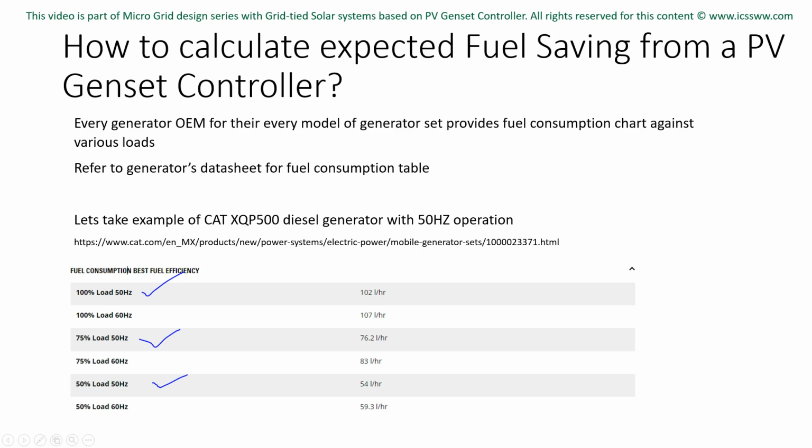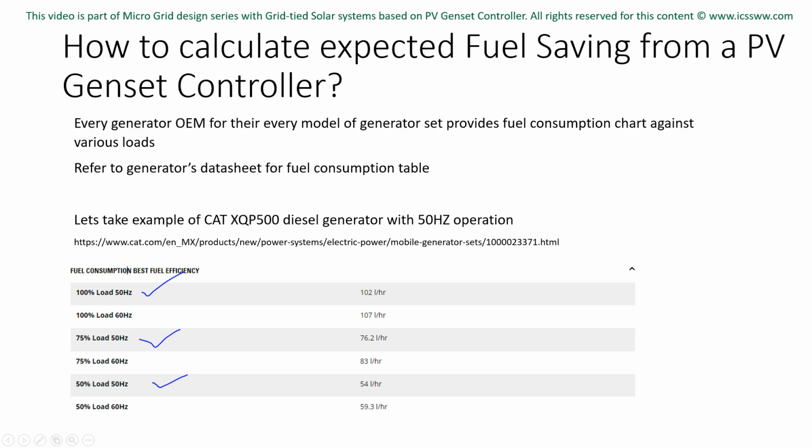Every generator manufacturer provides a fuel consumption chart against various loads for every model of genset. Usually this information can be found on the generator's datasheet. For example, I am sharing a Caterpillar generator CAT XQP500 just for your reference, and I am also giving a link to their website.